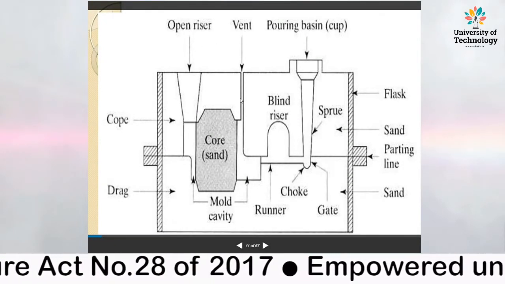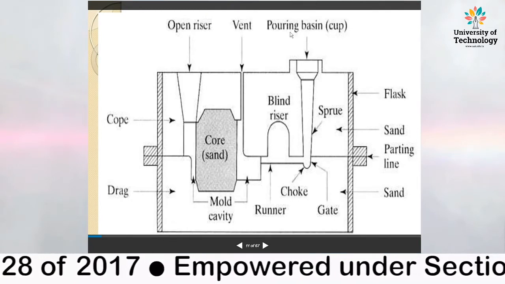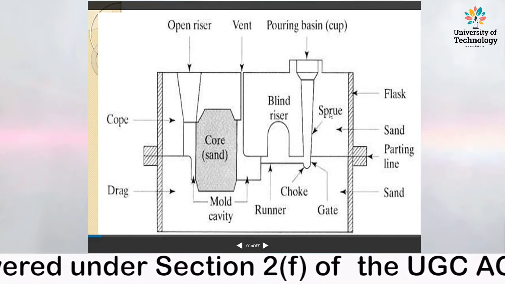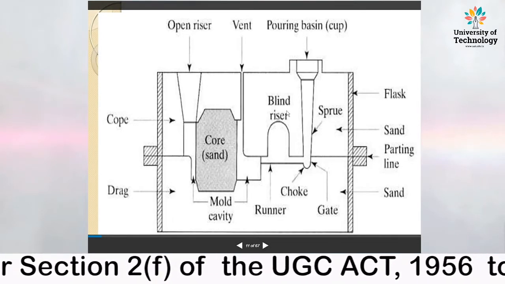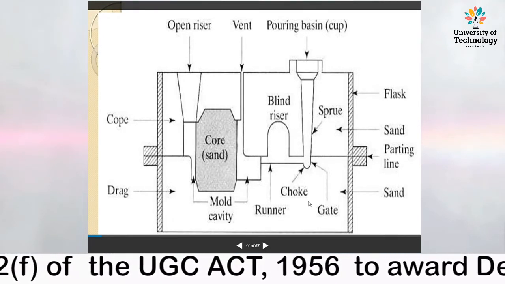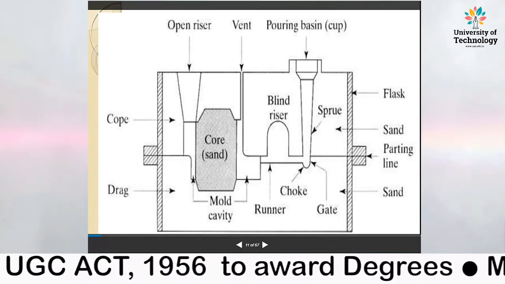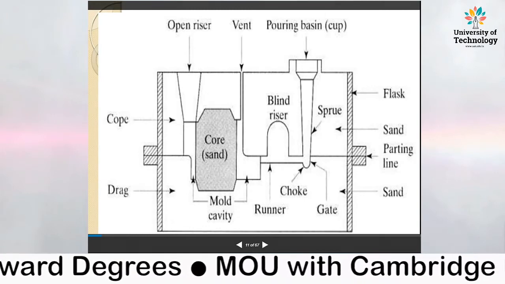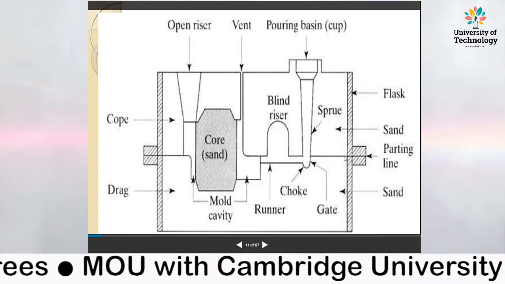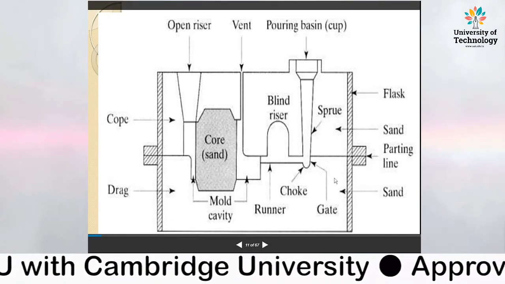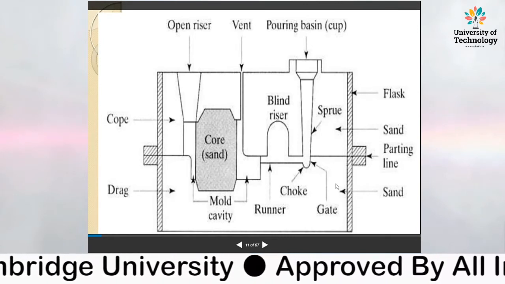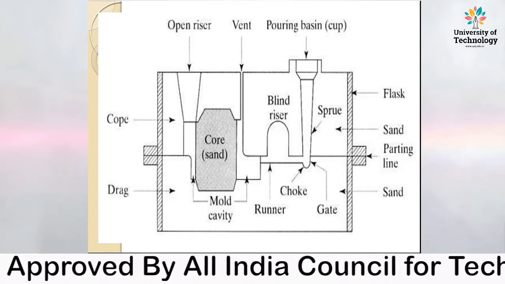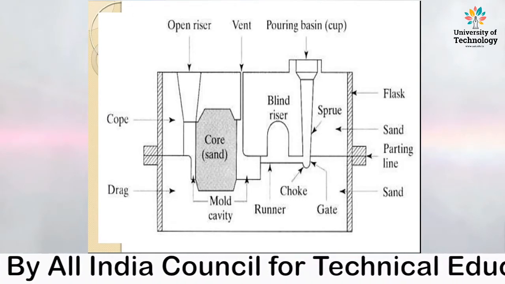There are vent holes here, the pouring basin or cup, and the sprue, the blind riser, gate, choke, and here is the parting line, and the whole box is filled with sand. These are all the parts in mold casting.